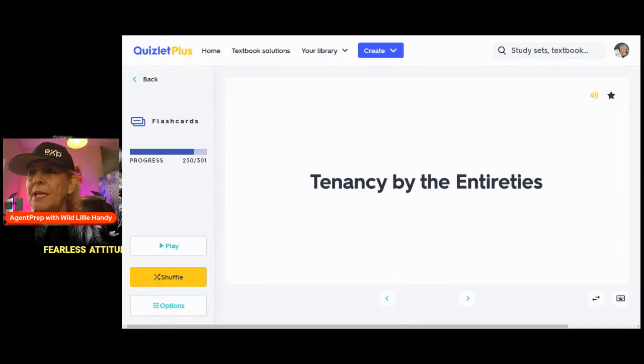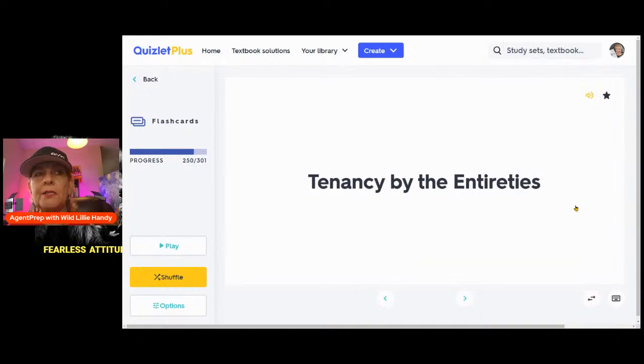Tenants by the entirety. Married couples or not? Type it in the chat. Yes, that's correct, Lisbeth. It is for married couples.